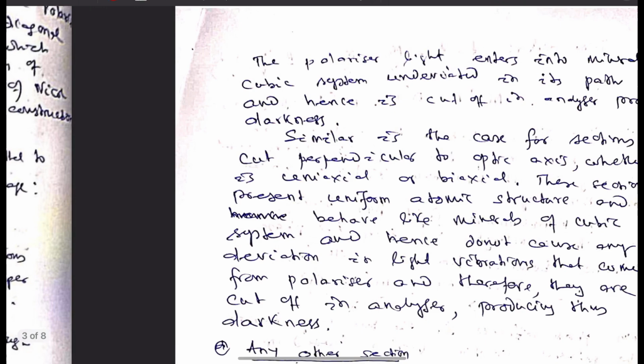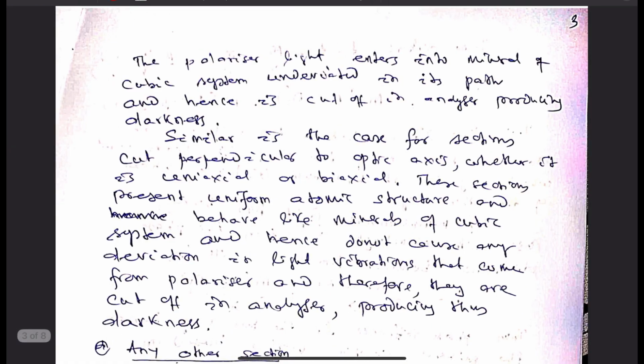That's why when the polarized light enters into them, whether it is a cubic mineral or a mineral section cut perpendicular to optic axis of a mineral, in that case there occurs no deviation of light path in the mineral section.